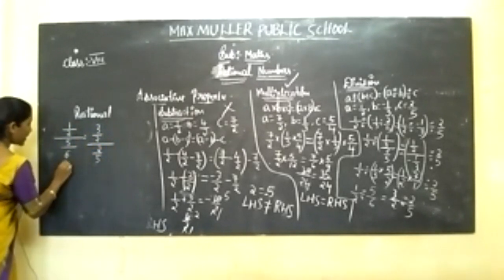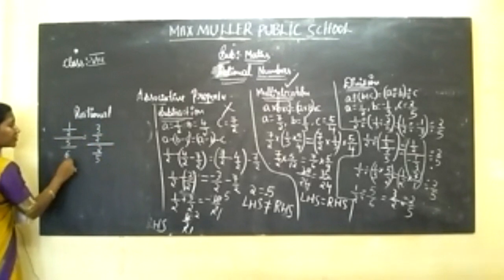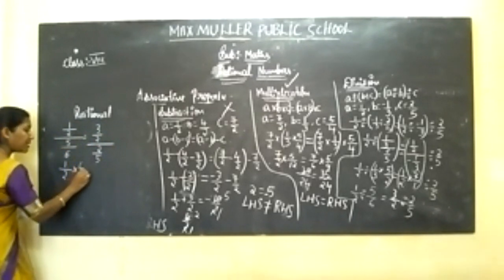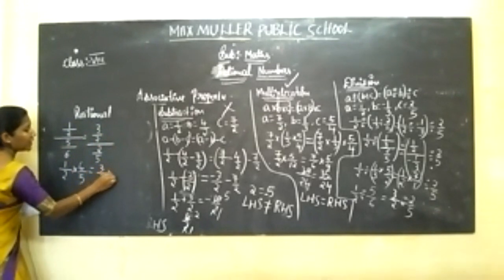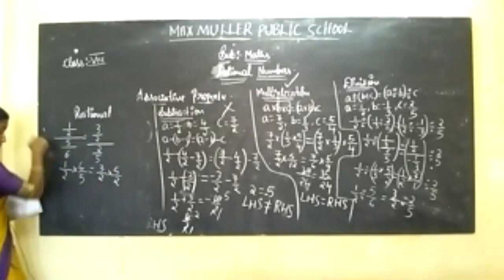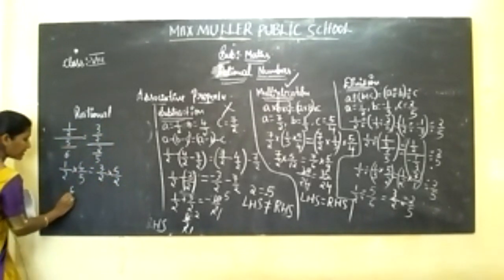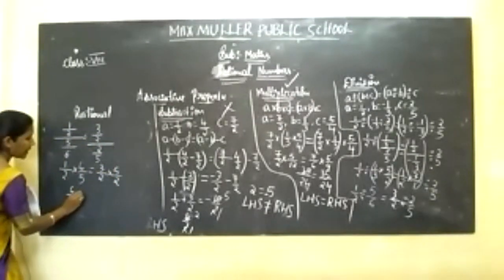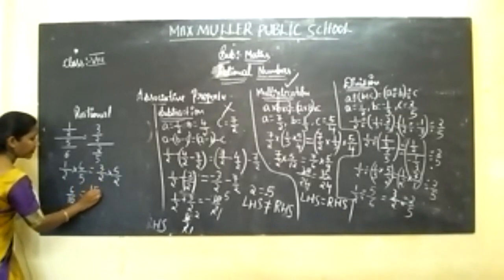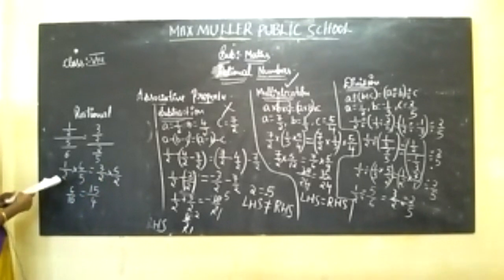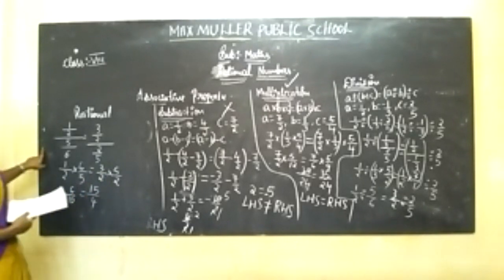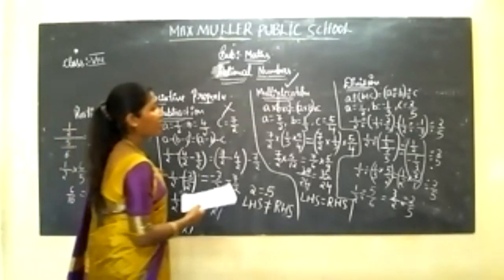So you will write it as 1 by 2 into the reciprocal one, 6 by 5, is equal to 3 by 2 into 5 by 2. So here 6 ones are 6, 5 twos are 10, 3 fives are 15, 2 twos are 4. So here the value becomes, and then somewhere we have missed the sign.